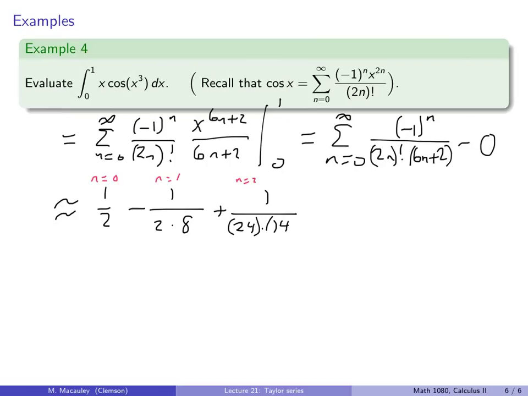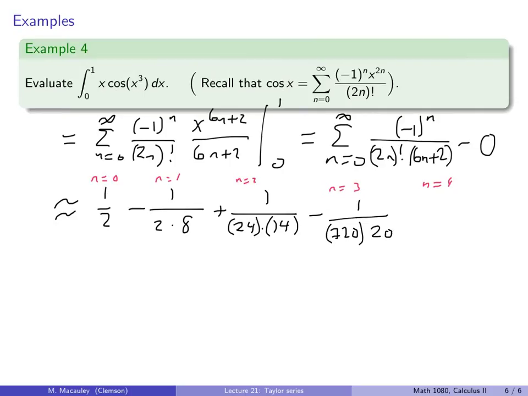Let's put parentheses here so we can see them easier. The n equals 3 term is going to be minus 1 over 6 factorial, that's 720, times, for n equals 3, 18 plus 2 is 20.